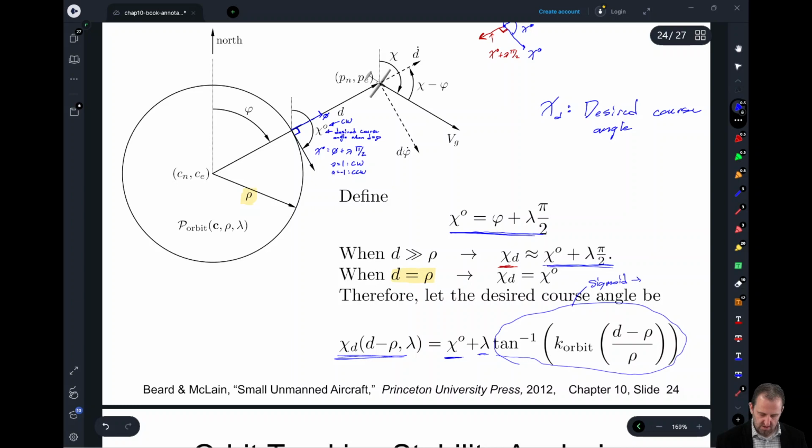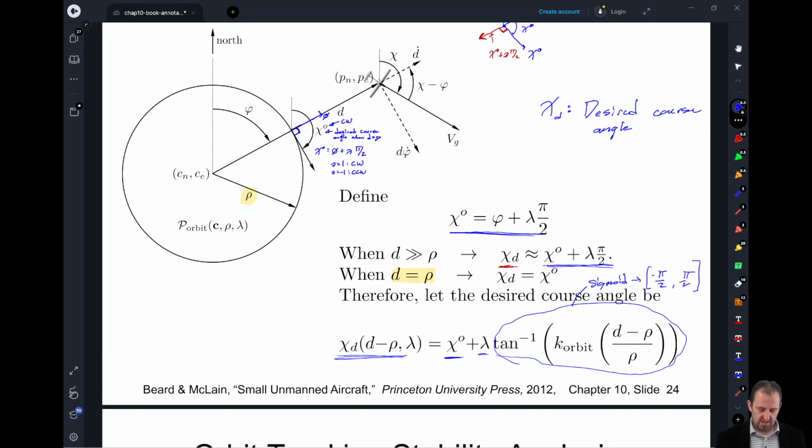Remember that this gives us a value between minus pi halves and pi halves, which is exactly the scaling we want. In the line, we rescaled it by 2 over pi to get between -1 and 1. In this case, it goes directly between negative pi halves and pi halves, which is just perfect.